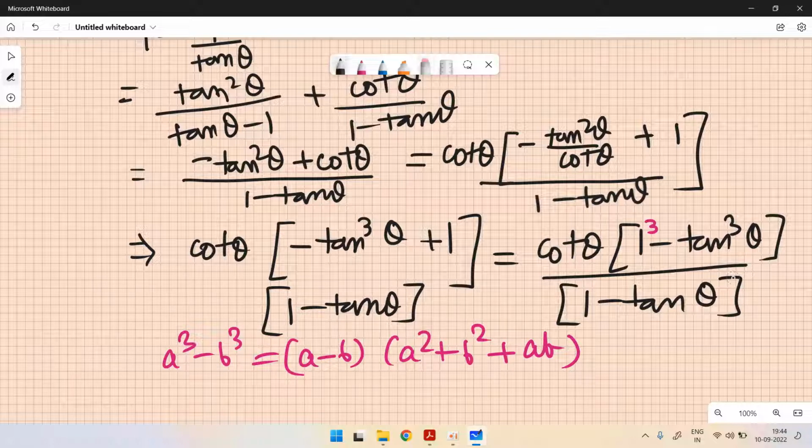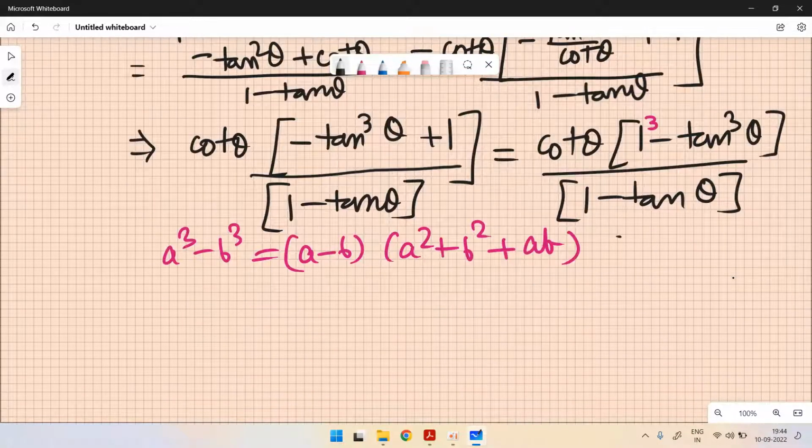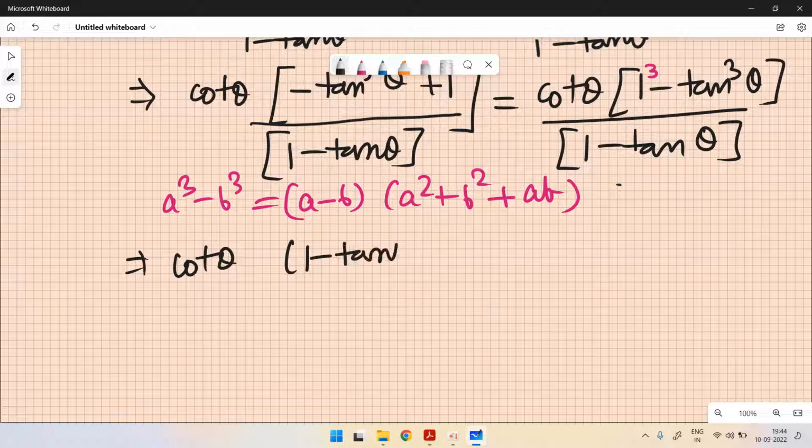So if I write this one as 1 cube minus t cube, I can write the expression with cot theta: 1 cube minus t cube I can write as (1 minus tan theta) into (1 square is 1 only, so this is tan square theta plus tan theta).